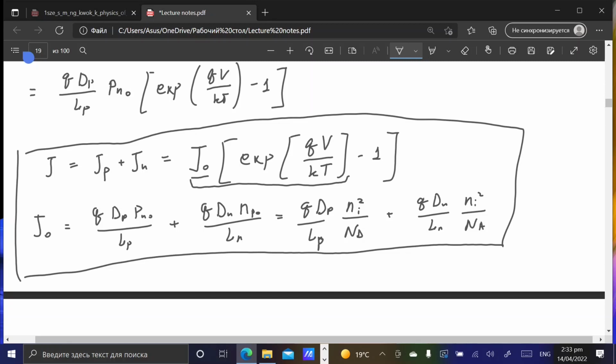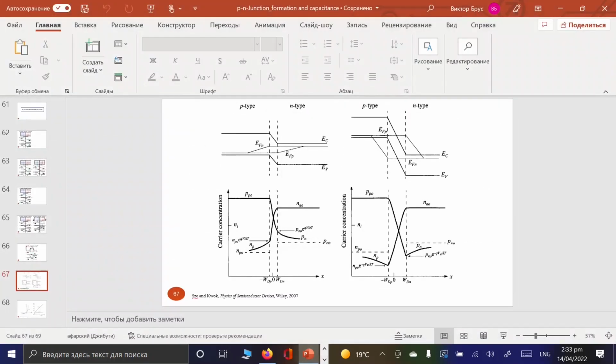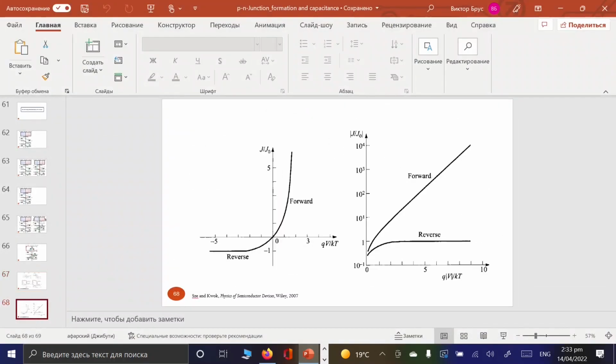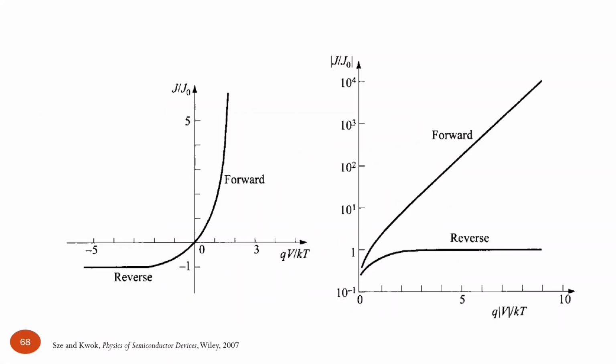So we can show here that's how the ideal current-voltage characteristic looks. The current is normalized by the saturation current.